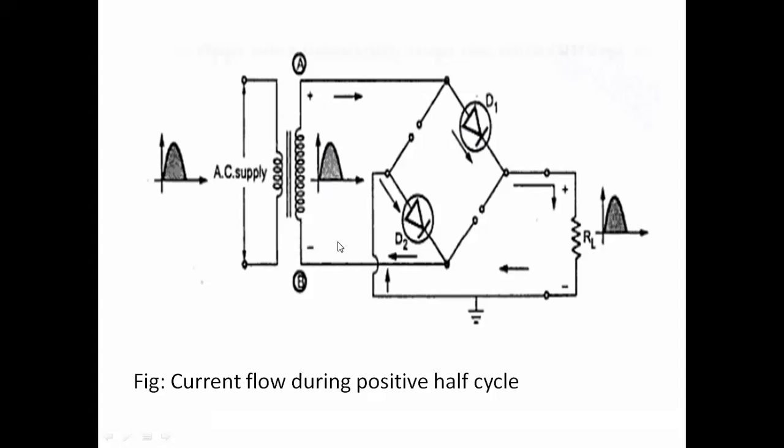It is positive with respect to point B, and this becomes forward biased, and the current flows through this diode and reaches the resistor RL, and also comes to this point D2. D2 also conducts, and it comes to B. So the current flows through the resistor RL in the same forward direction.